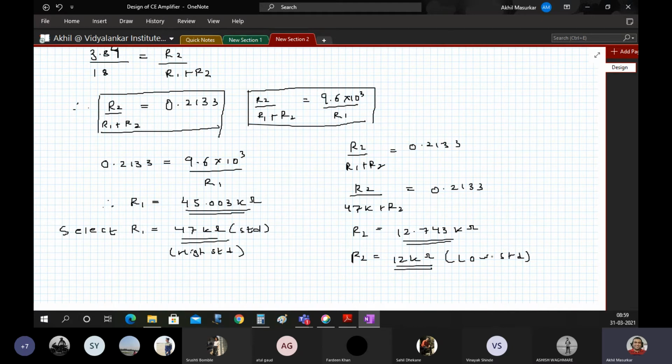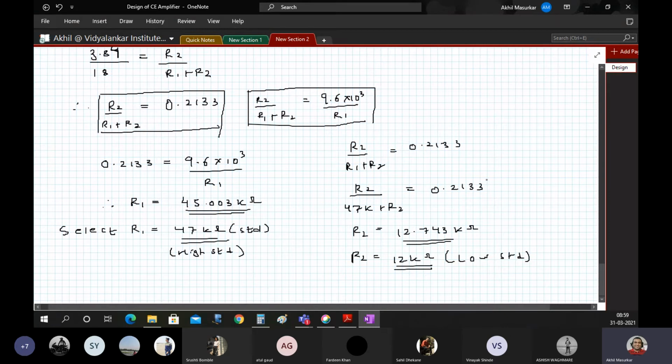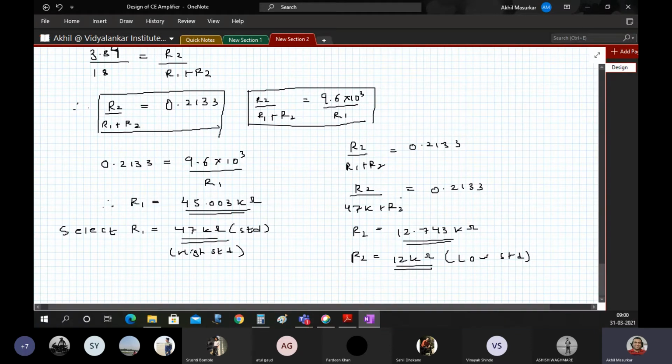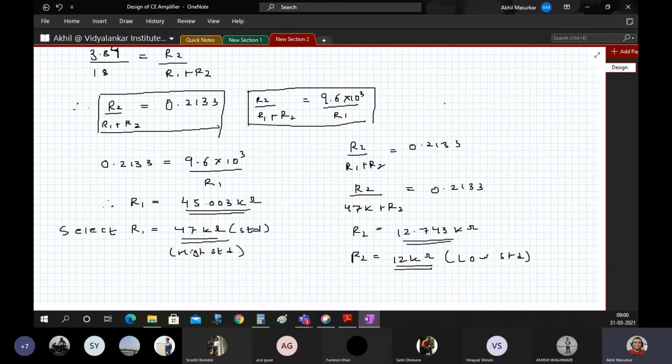So in this entire design, RC, RE, R1 and R2 are the four resistances. Out of these four, only R2 needs to be a lower standard value. Now you might argue that you want to take R1 as lower standard. Fine, you take it as lower standard, but then you take R2 as a higher standard. So it's up to you.